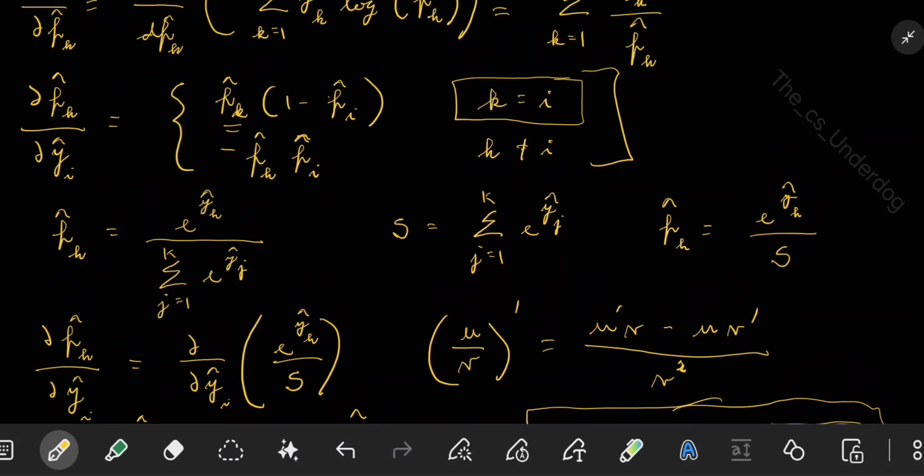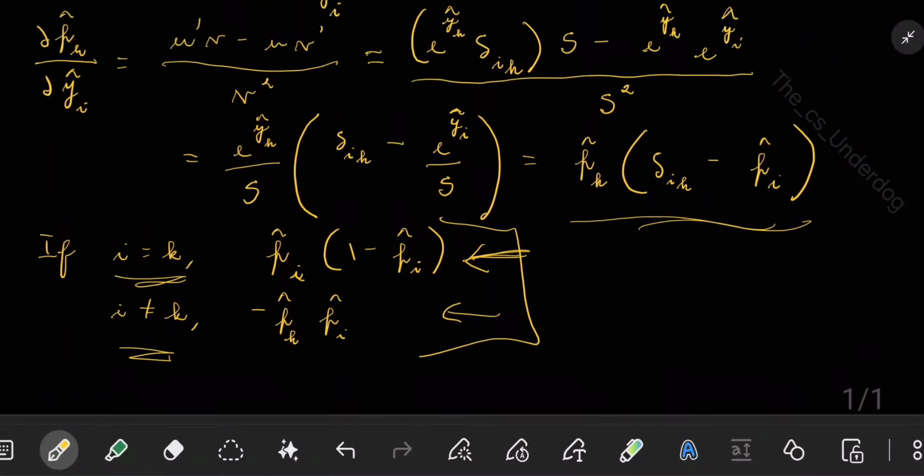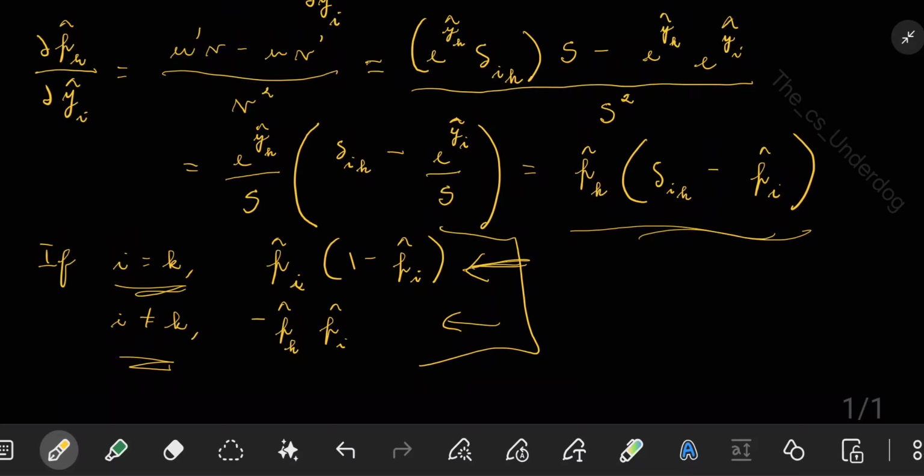So here also let me put i then, so that it matches pi cap. Okay. Then the second one, k not equal to i case, then I told you it is minus pk cap into pi cap, which exactly is what we got here. If i not equal to k, then it is minus pk cap into pi cap.